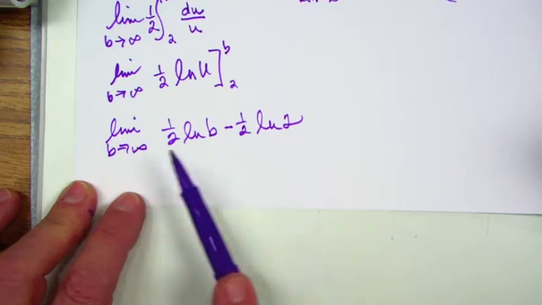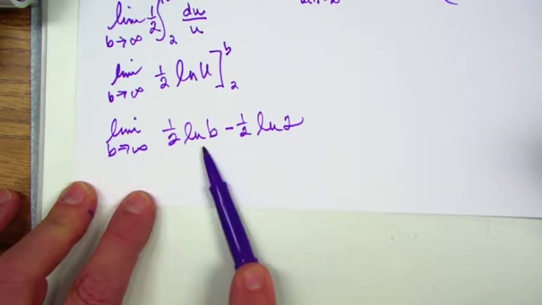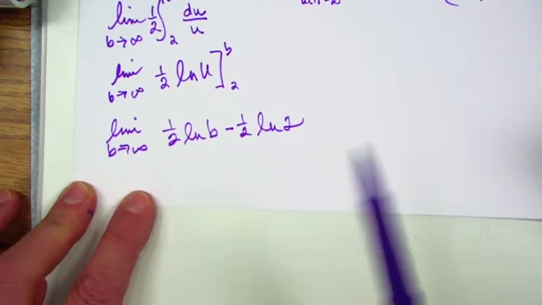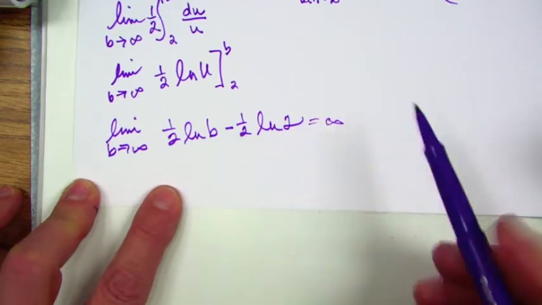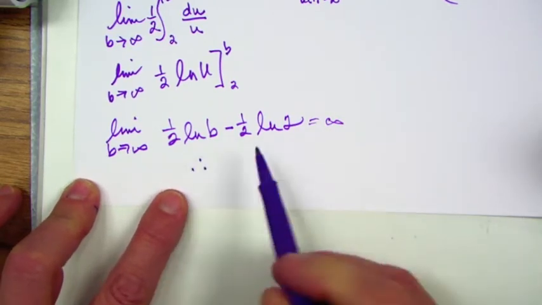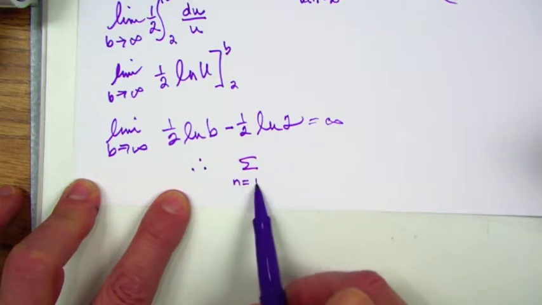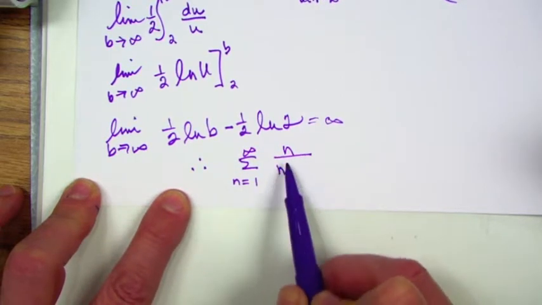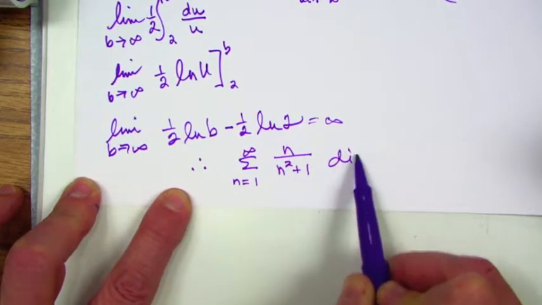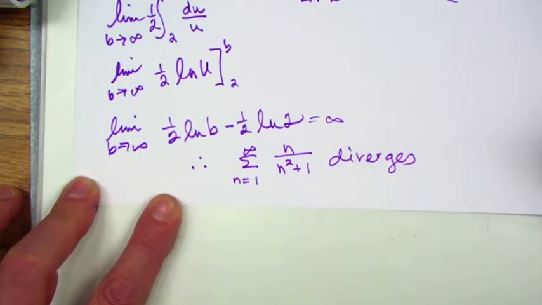Well, if b is going to go toward infinity, what's this whole thing going to go toward? Infinity, right? Which means what? Therefore, the series from n equals 1 to infinity of n over n squared plus 1 diverges.